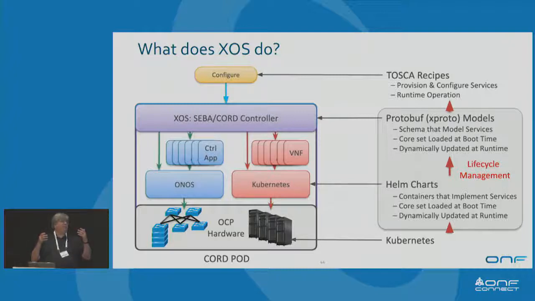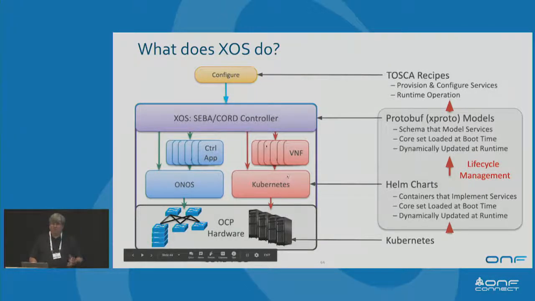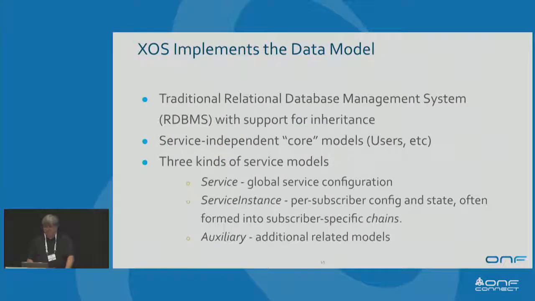Those Helm charts might push new specifications of models to XOS. You might also push in new Tosca recipes to re-provision these new services and send that all via configuration into XOS, where XOS will update its data models and bring all of these services into compliance with what you want the state of your pod to be. So it's very much a management and orchestration type of component.